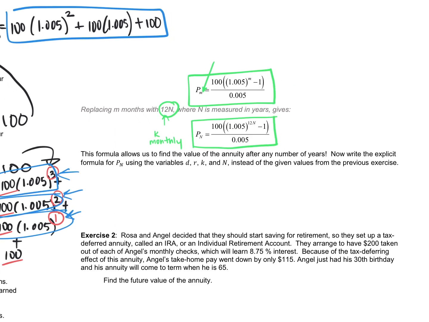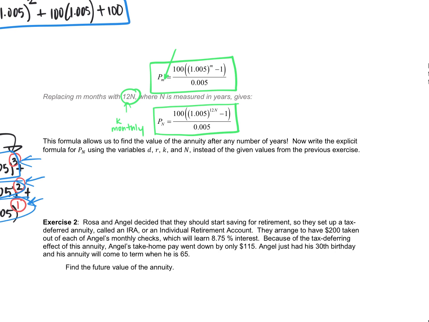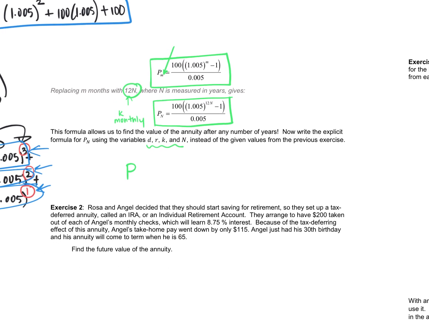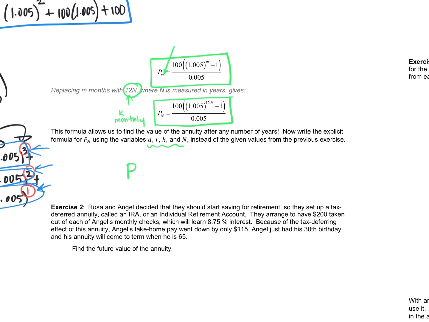And we can go even further, and let's talk about it in more general terms, using the variables that we're kind of used to. The amount of money for a certain number of years will be equal to your monthly deposits times 1 plus your interest rate over the number of times that you compound, which again, it normally matches up with the number of payments that you make, to the kn power minus 1.